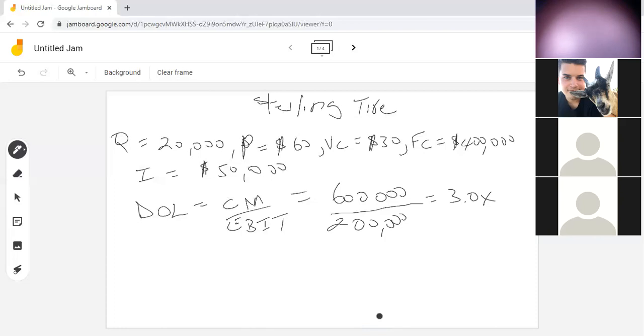So that's A. And B is the degree of financial leverage. The degree of financial leverage would be our earnings before interest and taxes over earnings before taxes.